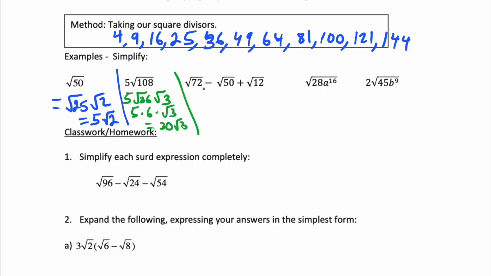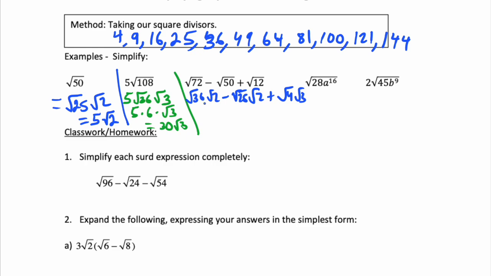Okay, next you can add or subtract surds sometimes if they all simplify to the same surd. So let's check this out. Root 72, that's again root 36 root 2. This one is root 25 root 2. And 4 goes into 12, root 4 root 3.